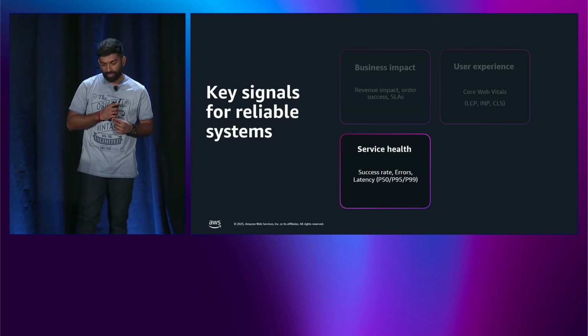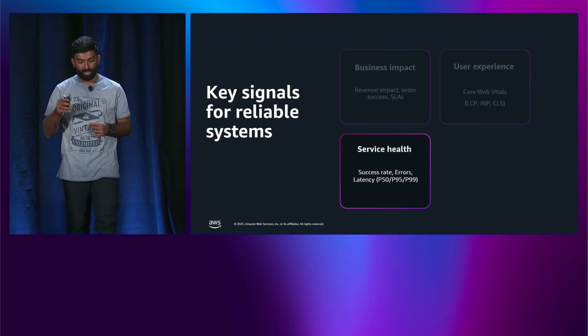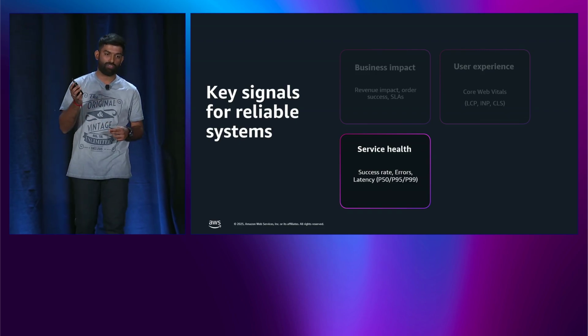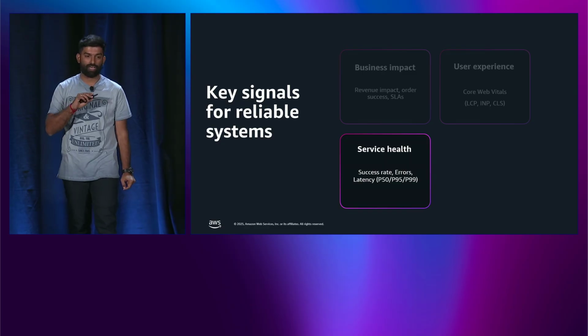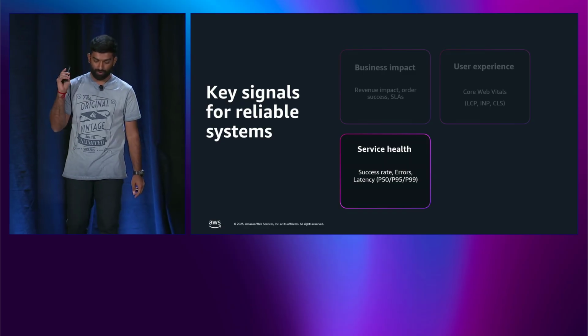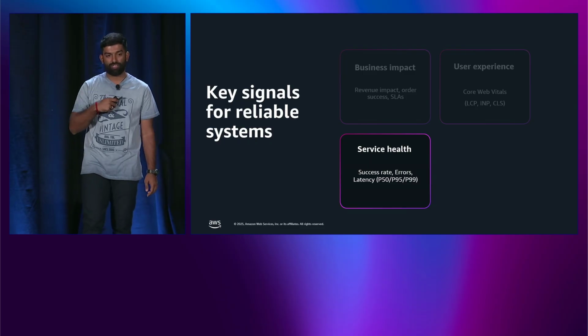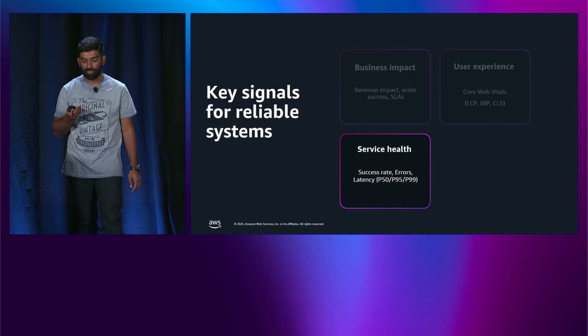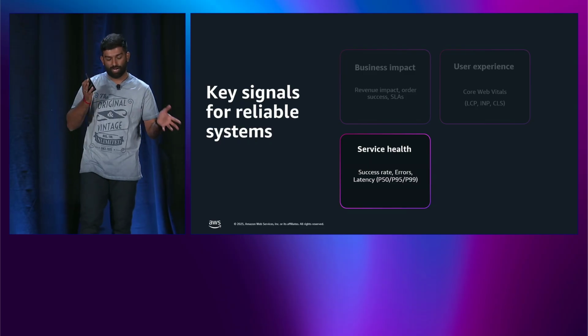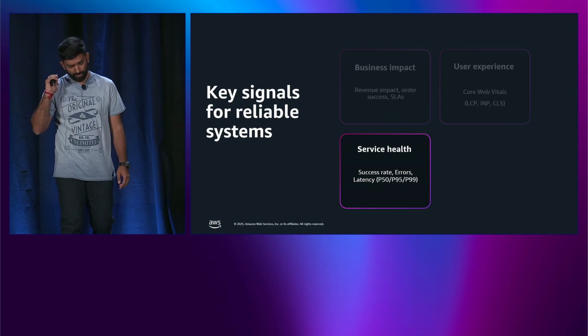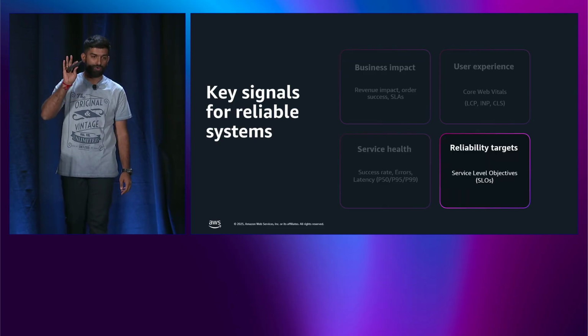So measuring these will help you understand how your services are performing, and it will tell you exactly whether a service is healthy or not, right? Once you start tracking all these signals together, you can completely understand how your reliability is working. And then finally, you have your reliability targets.